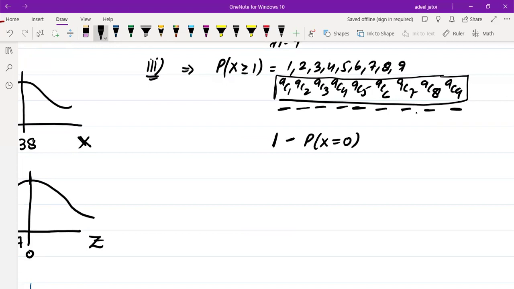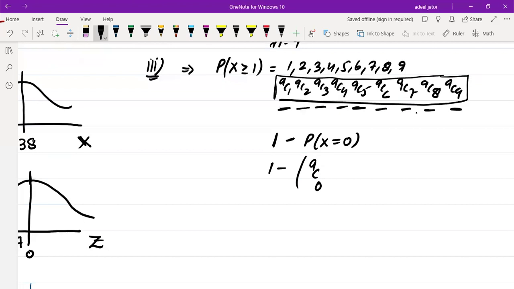If we just subtract the probability of 0, what we will have is the probability of x greater than or equal to 1. So this means 1 minus 9C0.